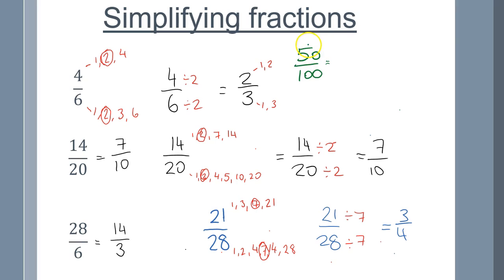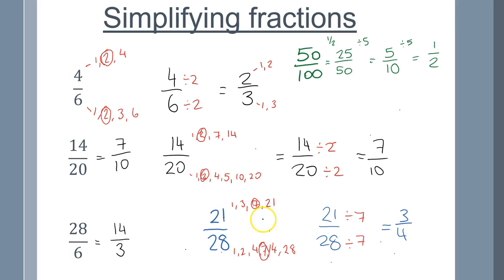So half of 50 is 25, half of 100 is 50. Okay, so that's playing halves. Now I can divide by 5 for both. So 25 divided by 5 would give me 5, 50 divided by 5 would give me 10. Again, I can divide by 5, which is 1 over 2.